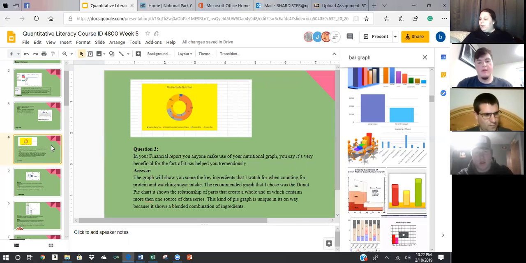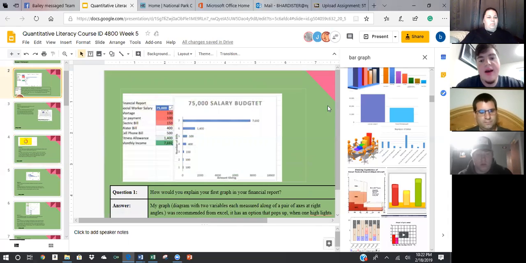All right. So my question is for Bailey. Bailey, how would you explain your first graph in your financial report? In my first graph, as you can see, there's a diagram with two variables, each measured along a pair of axes at right angles.